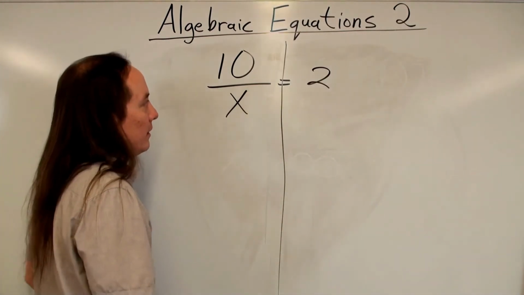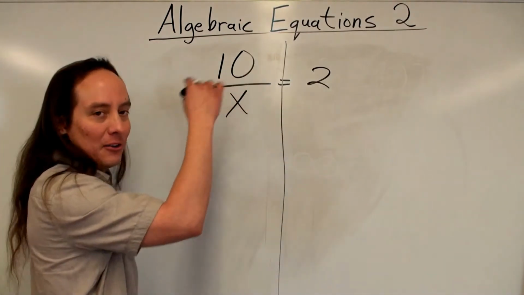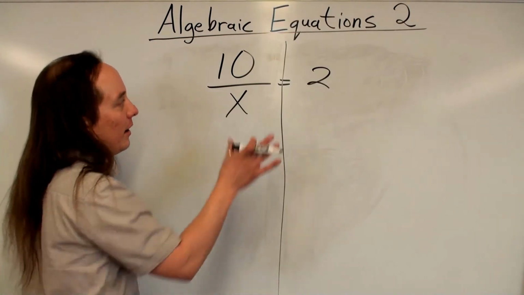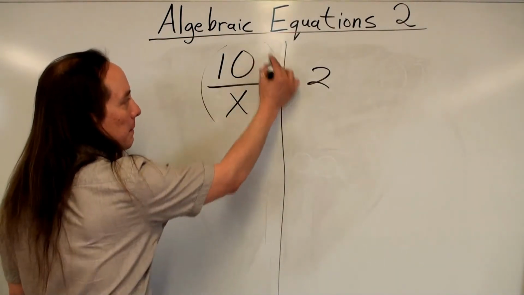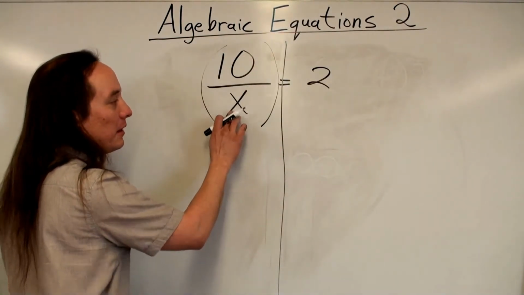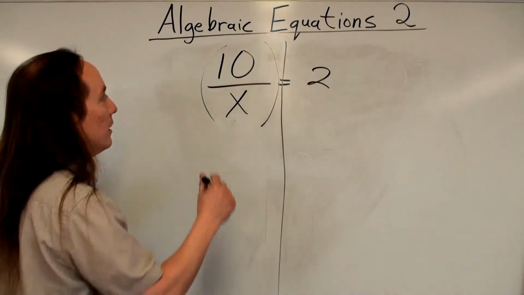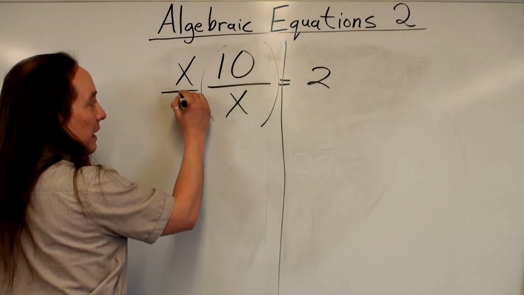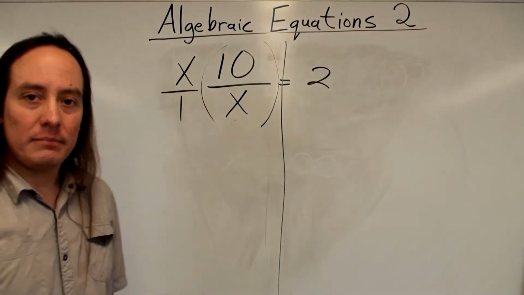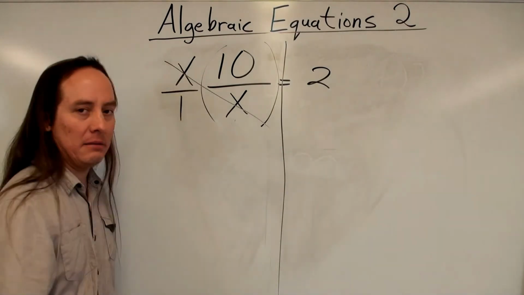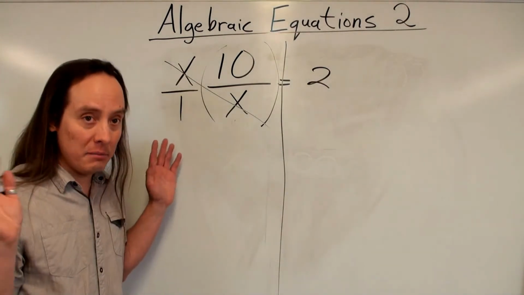So, remember, if I do the operation right, I should be left with 10, correct? Check it out. I'm going to multiply this whole thing by the denominator. And that's what we did in the last one, right? We just picked the bottom number and multiplied both sides by that bottom number. This is going to be x over 1. So the x's will cancel out. I don't know what number x is, but they're gone.